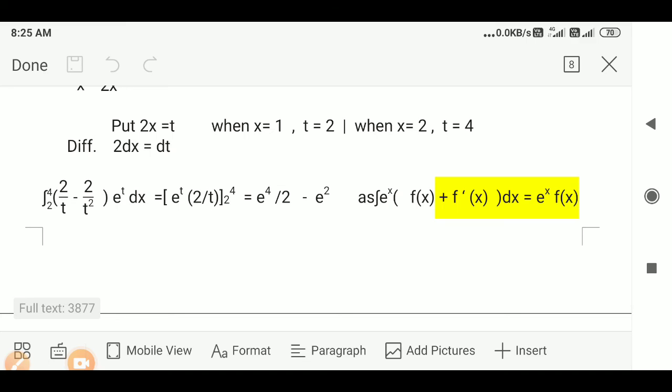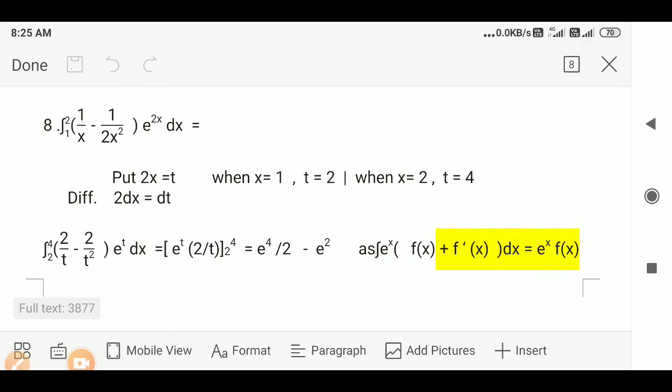Now here 1 upon x. Since x means t upon 2, 1 upon t upon 2 becomes 2 upon t, minus 1 upon 2x square.